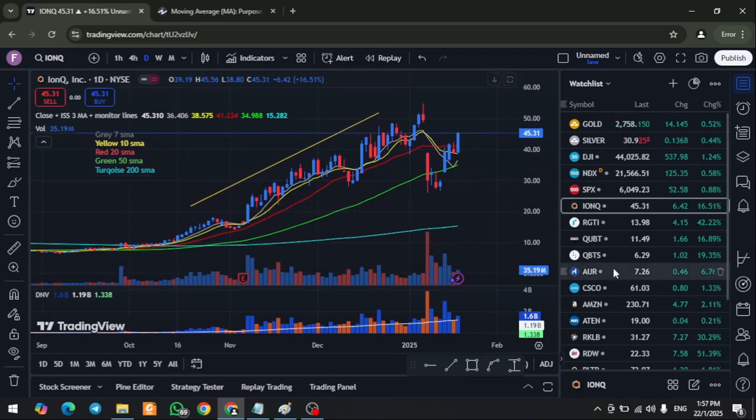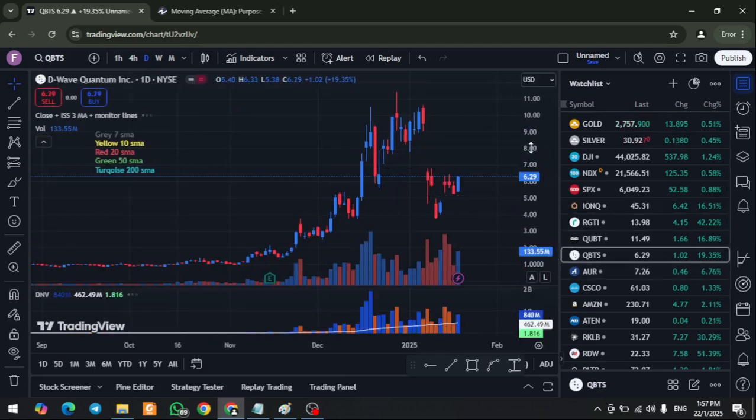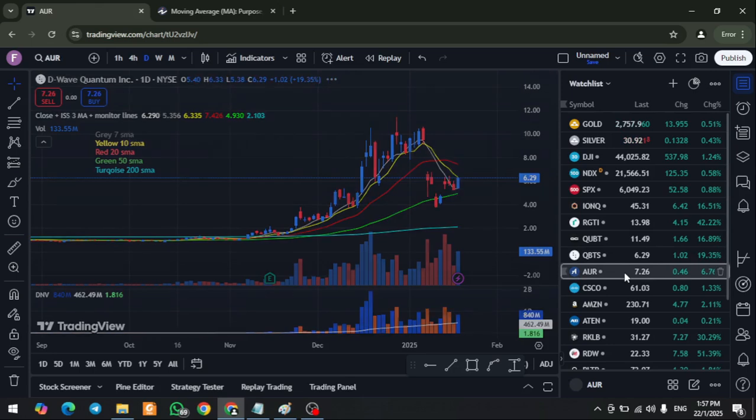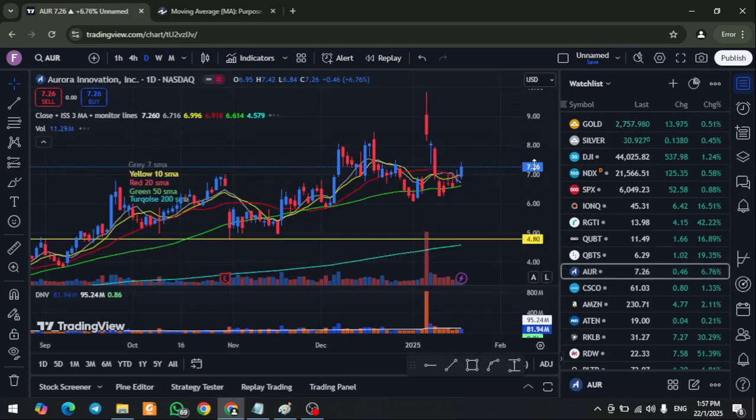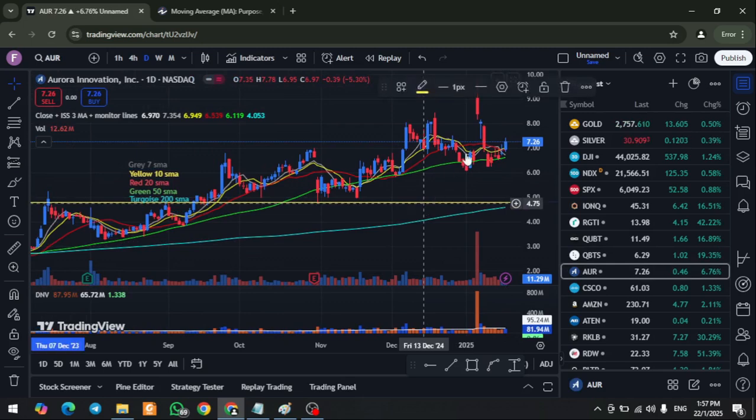So let's go to the 20 days moving average. Let me find something that shows the price will bounce on the 20 days moving average. Okay, let's see this one.